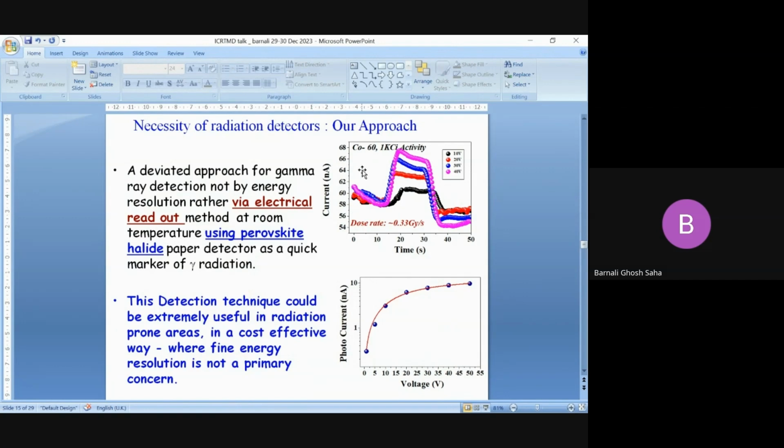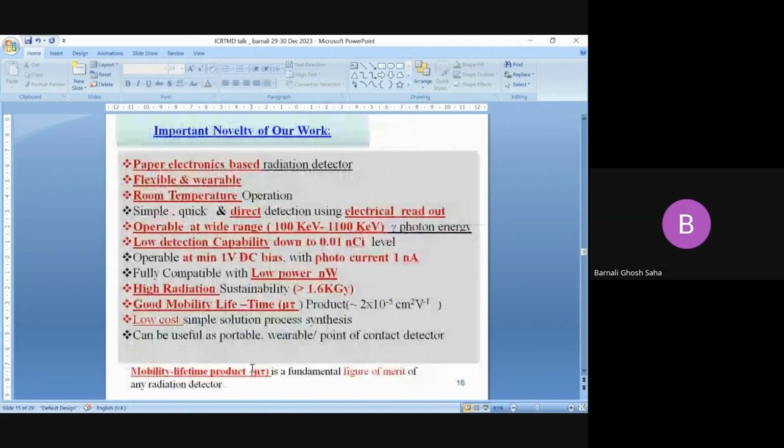We are using a cobalt 60 source, 1 kilocurie activity, and then we can detect current at a dose rate of 0.33 microcoulomb per second. And from this, we have calculated photocurrent at different voltages. This detection technique could be extremely useful in radiation-prone areas in a cost-effective way, where fine energy resolution is not a primary concern. So the important novelty of this work is that it is paper electronic based, flexible and wearable, with room temperature operation and simple, quick and direct detection.